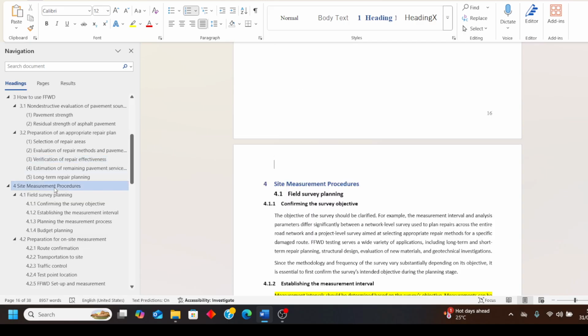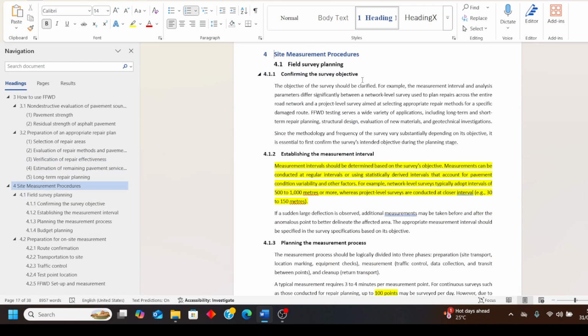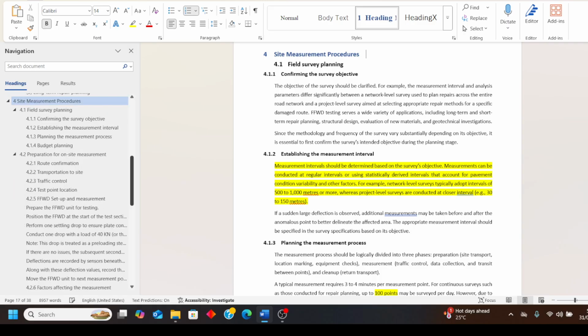Now I will move to chapter 4 of this manual, and it is about the site measurement procedures. So in this chapter, we start with the field survey planning, which includes confirmation of the survey objective. So what is the survey objective?